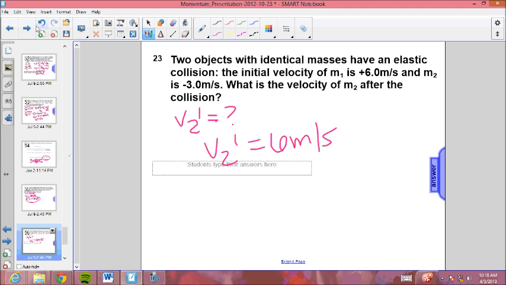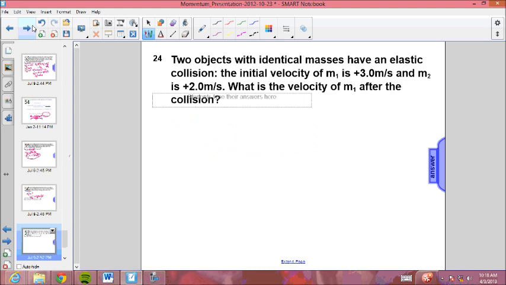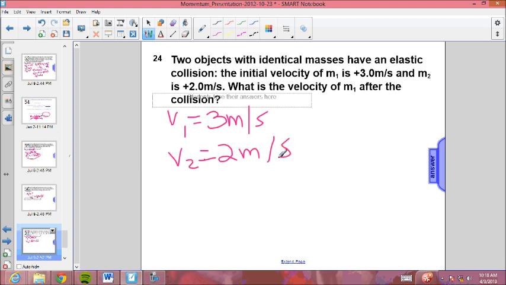All right, so now 24. Two objects with identical masses have an elastic collision. The initial velocity of m1 is 3 meters per second, so v1 equals 3 meters per second. And m2 is 2 meters per second, so v2 equals 2 meters per second. What is the velocity of m1 after the collision? Okay, so that's v1 prime.